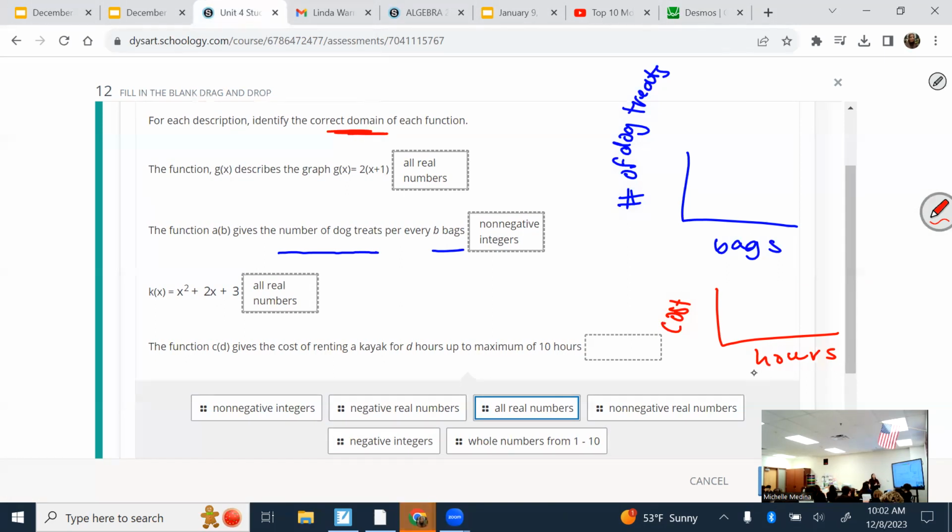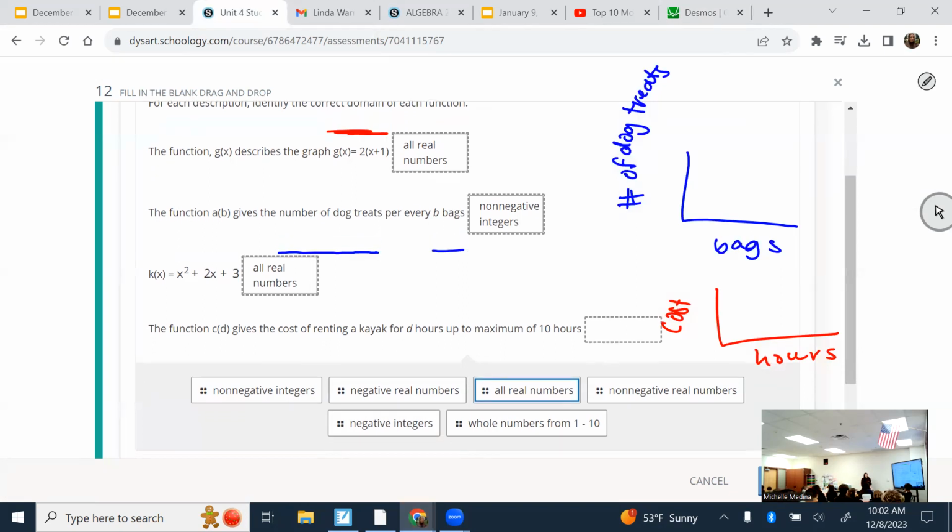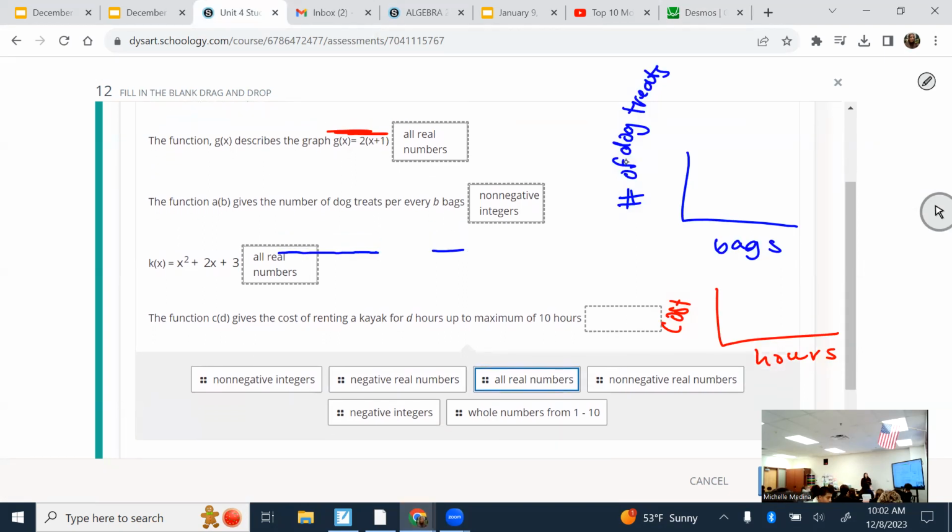So we're asking about possible number of hours. So could it be, well, they're charging you for each hour. So even if you went like half an hour, they're still charging you for the hour. And it's a maximum of up to 10 hours. So based on that information, what's going to be my answer for this one?